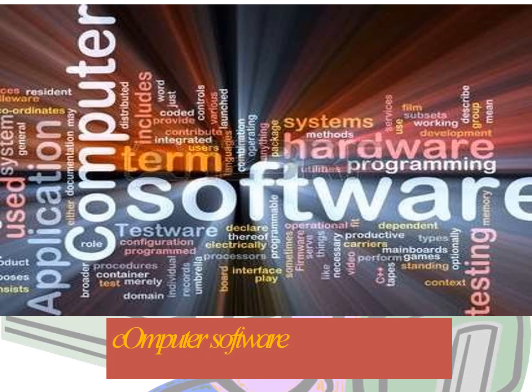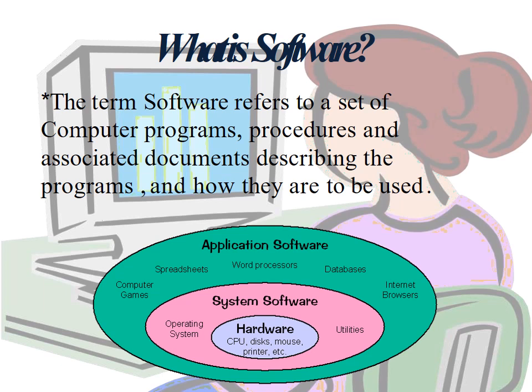A set of instructions given to a computer to perform a task is known as a computer program. A computer cannot perform any task without a program. So now software.